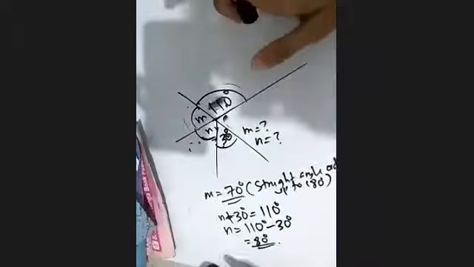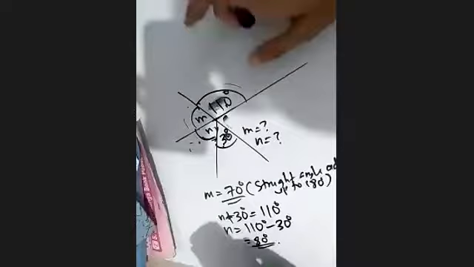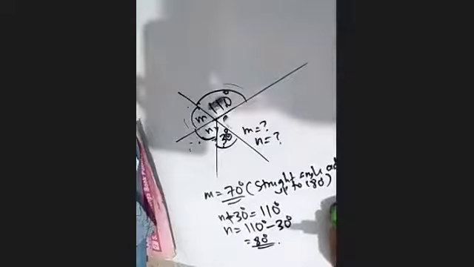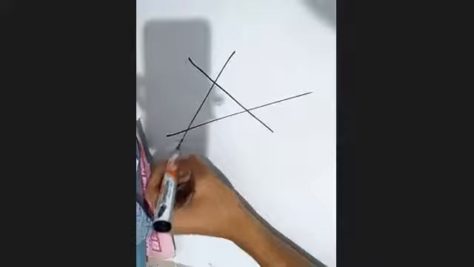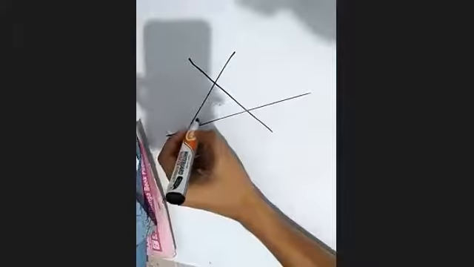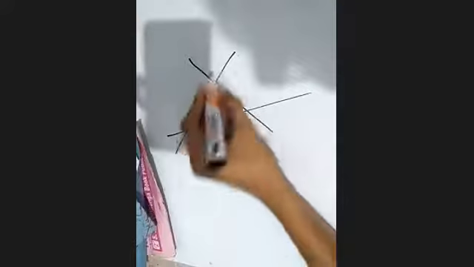Okay, clear, right, everyone? So I did it. I'll discuss another example. So if I give you, say, this is A, B, and C, let's say this is a triangle, right?